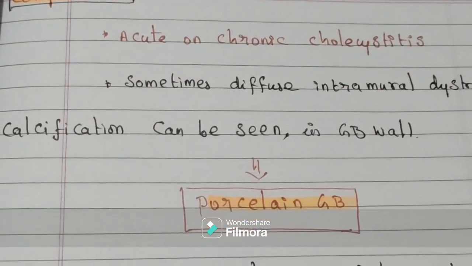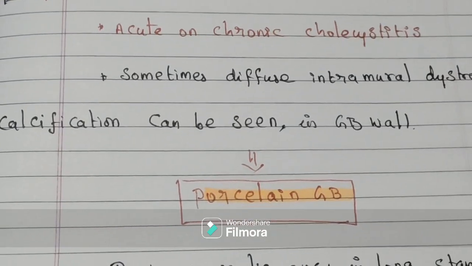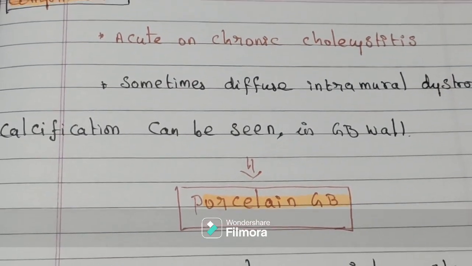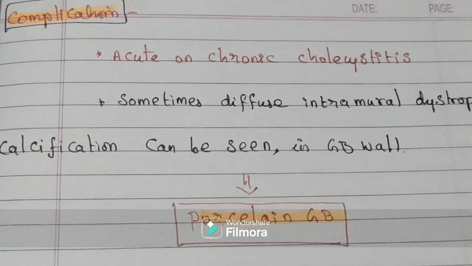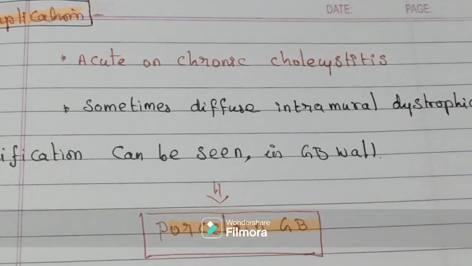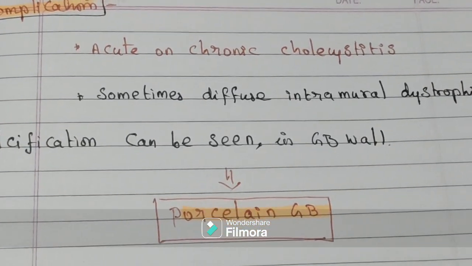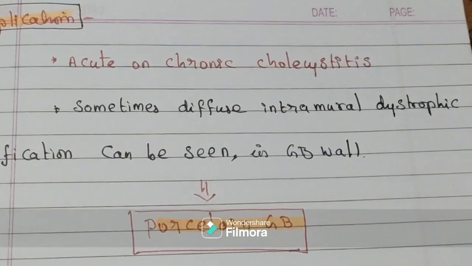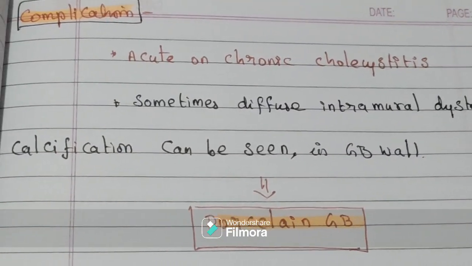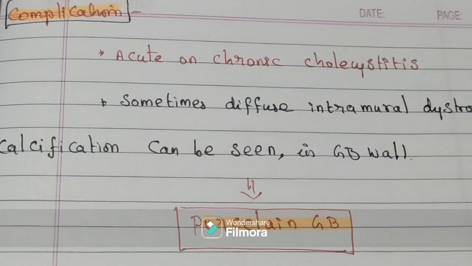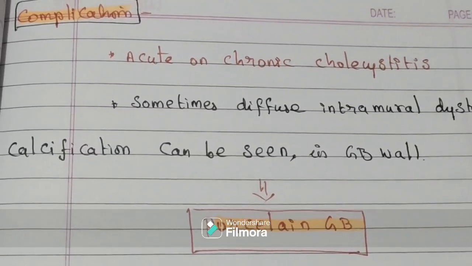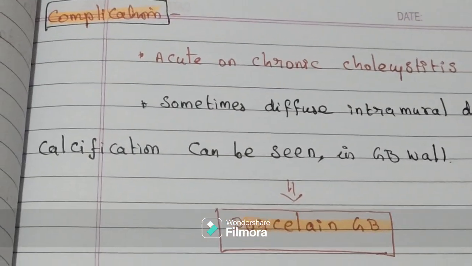So complications here: acute inflammation superadded is called acute on chronic cholecystitis. Second, sometimes diffuse intramural dystrophic calcification can be seen, called porcelain gallbladder.